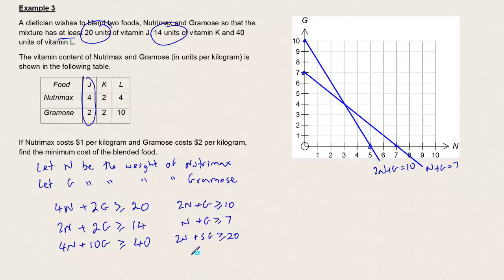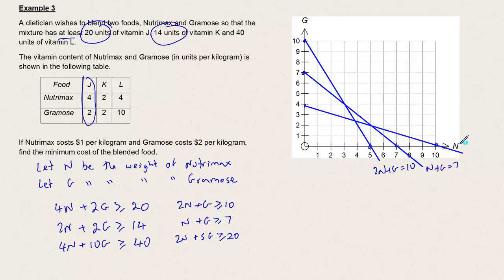And finally, for this one, if G is 0, N would be 10. And if N was 0, G would be 4. So that gives us this line just here.